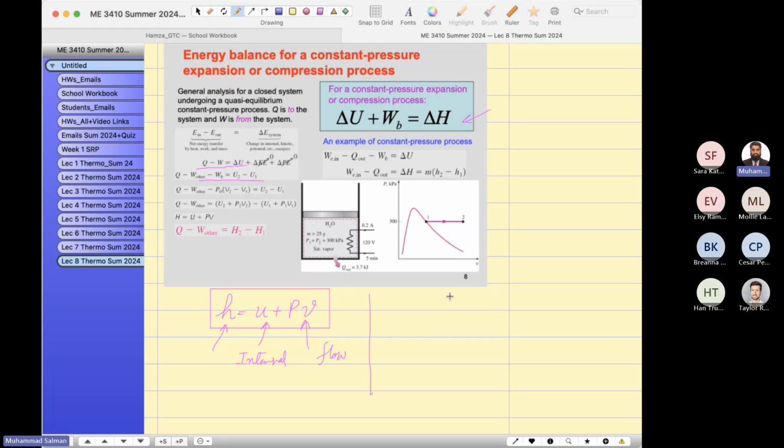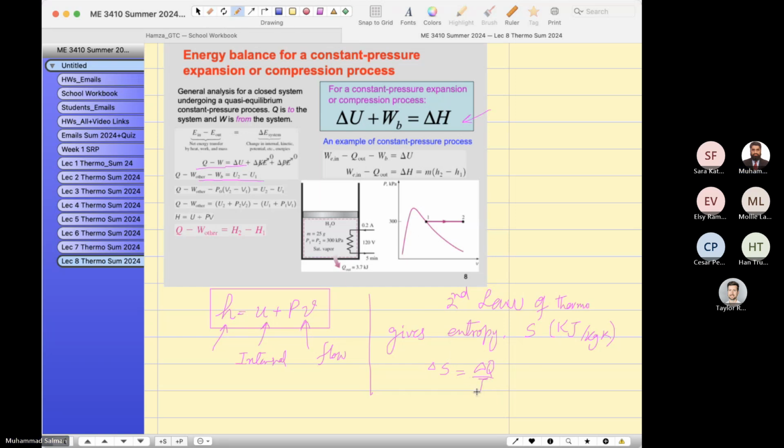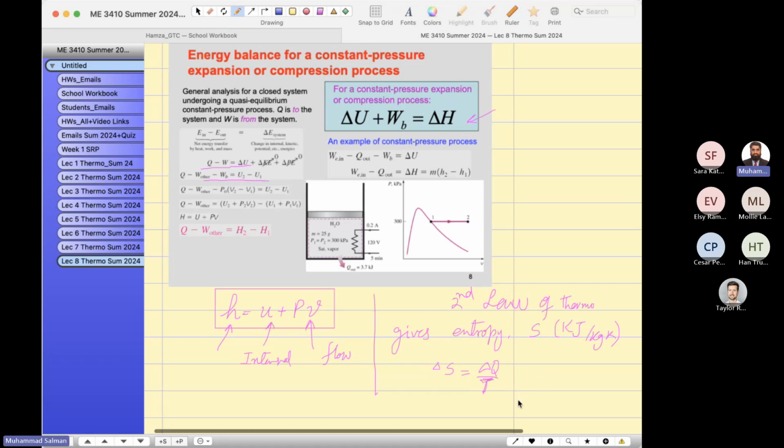And you will see in a later chapter the second law of thermodynamics, entropy, S. This is T, not J, this is T. We will talk more about this.